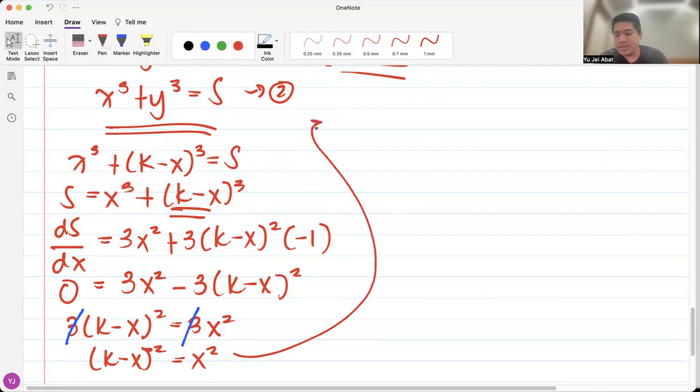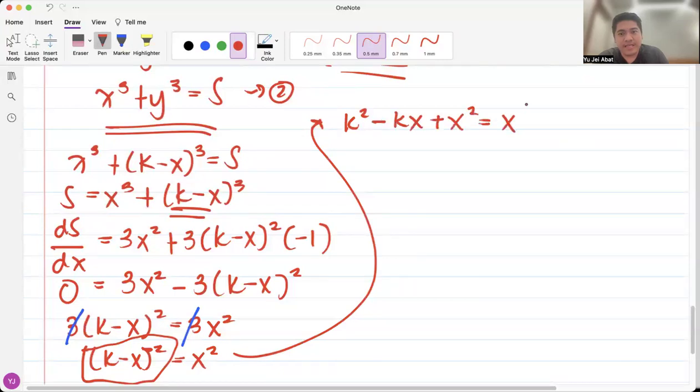Continuing our computation, I'm going to expand this binomial for simplification. I have k squared minus 2kx plus x squared equals x squared.